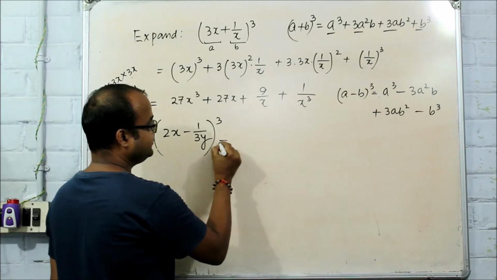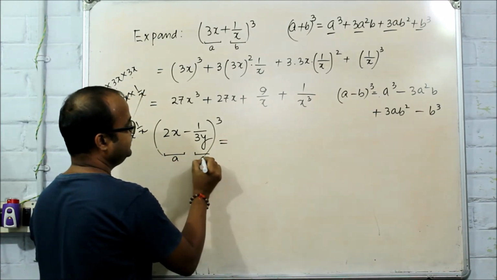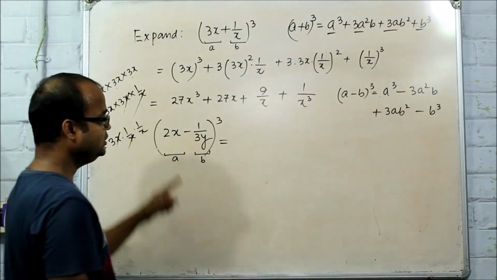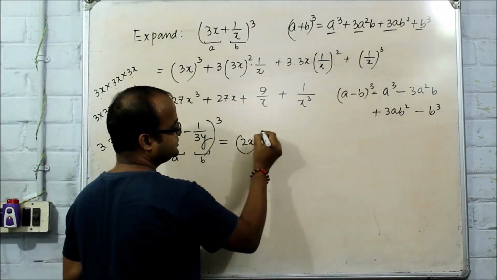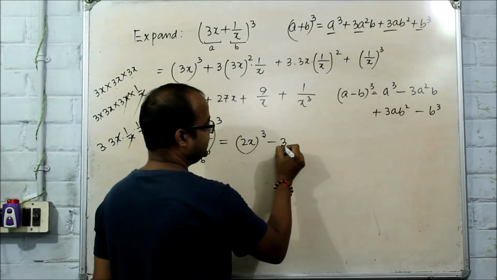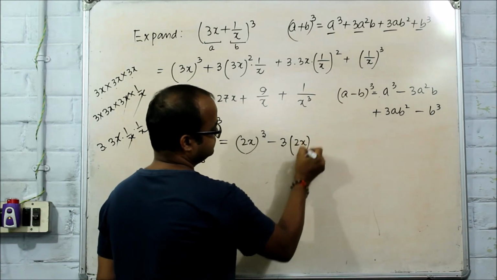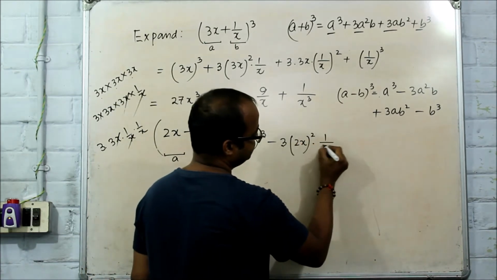So if you apply the formula, this will be a and this will be b. So a cube means 2x cube, minus 3a square into b. b is equal to 1 by 3y.